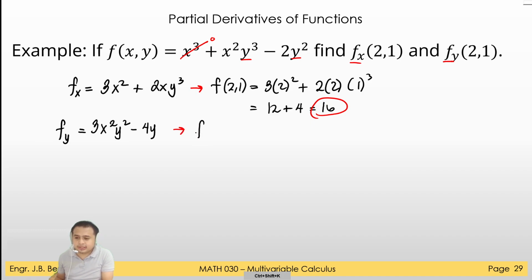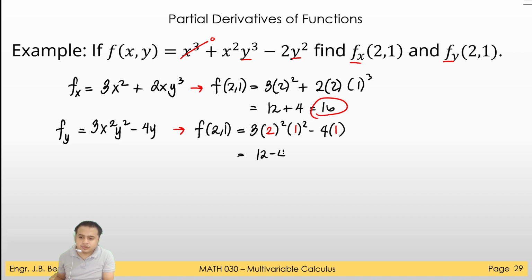If you want to evaluate the function at 2 and 1, we can just substitute the values of x and y. So 3 times 2 squared times 1 squared, minus 4 times 1. So this is 12 minus 4, which should be 8. Okay, so that's it. How do you find the partial derivative? It's that easy.